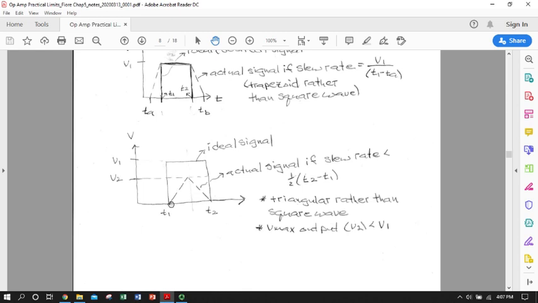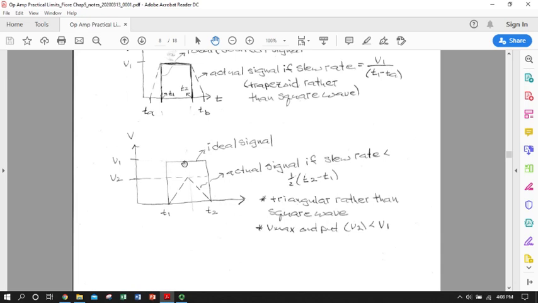The ultimate limitation on this is if we have a much higher, narrower pulse, high frequency, high gain. So we have a big V and a T2 minus T1 very small. So if you think about taking this rectangular pulsed signal that is coming out of the op amp, it's our amplified signal.